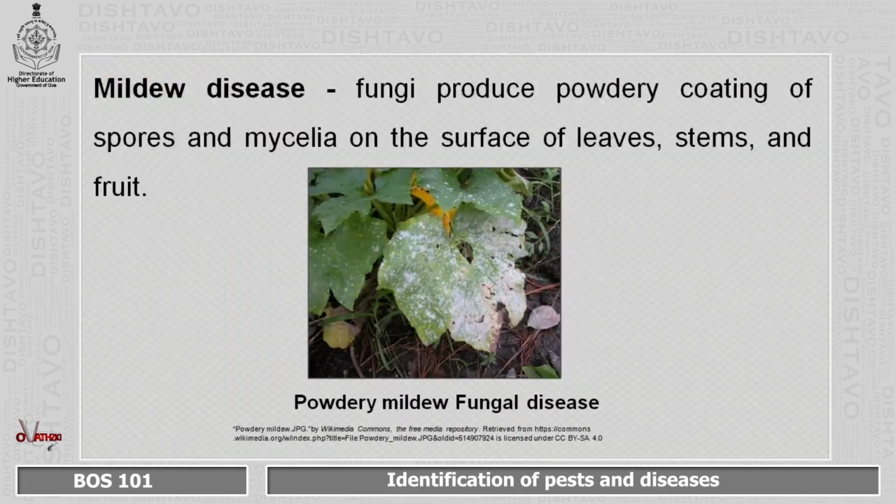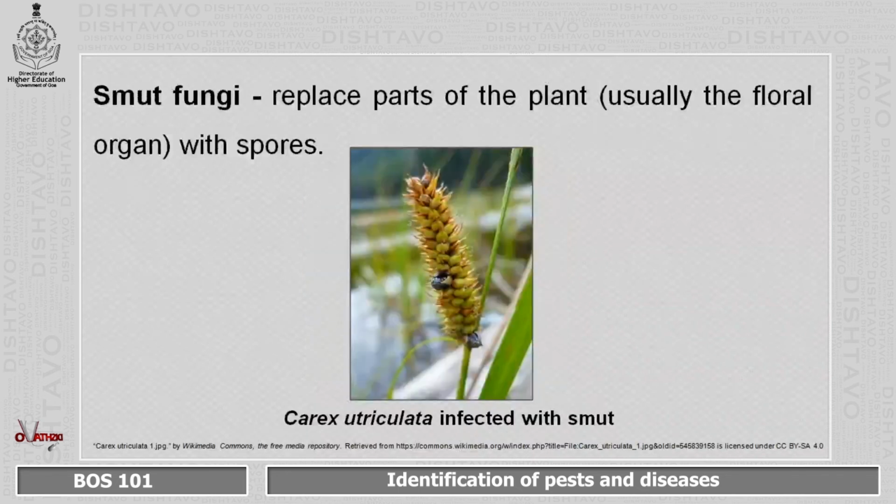Mildew disease: here the fungi produce a powdery coating of spores and mycelia on the surface of leaves, stems and fruit. In this image we can see powdery mildew fungal disease. Smut fungi replace parts of the plant, usually the floral organs, with spores, as seen in the image.